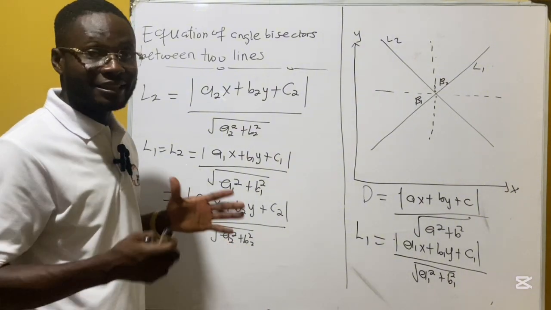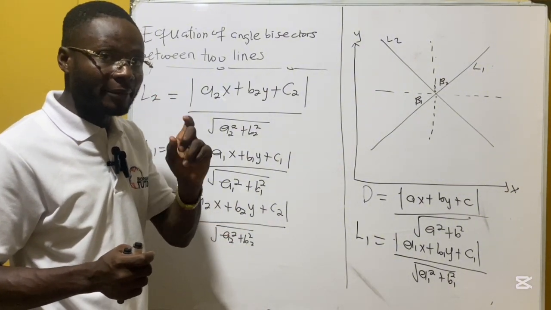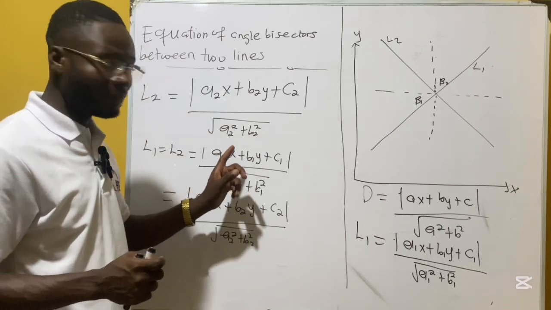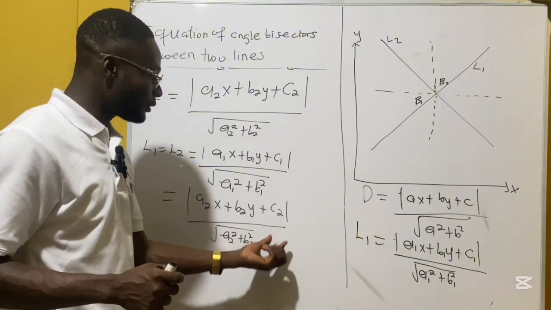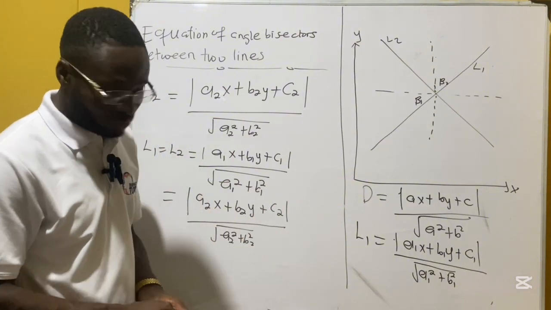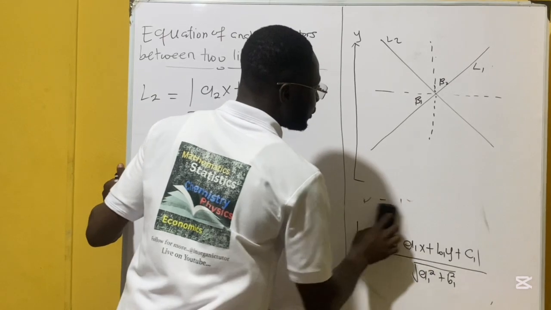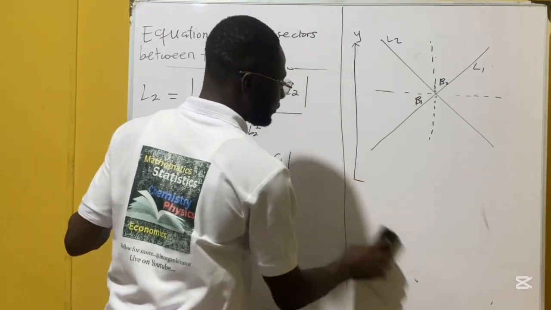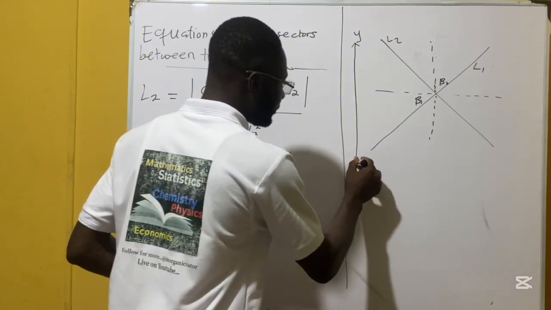So since we are basing on the equidistance, this is equal to that, right? So let's try to do this analogy. So let's try to maintain the diagram for the meantime.